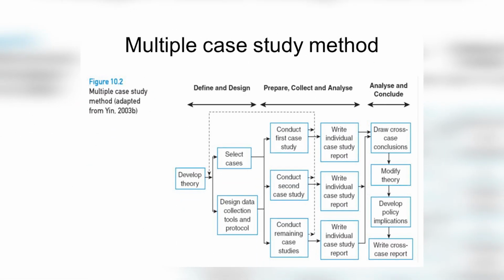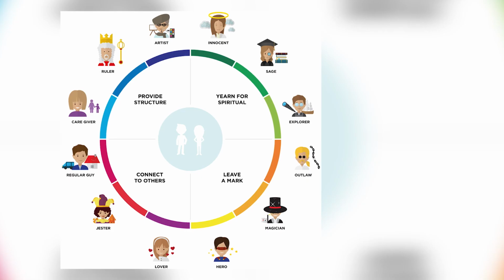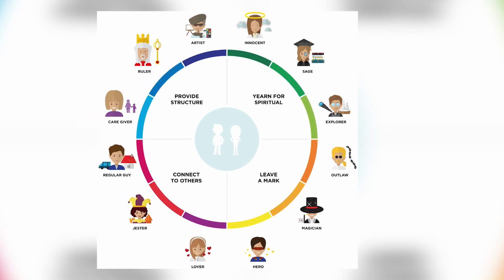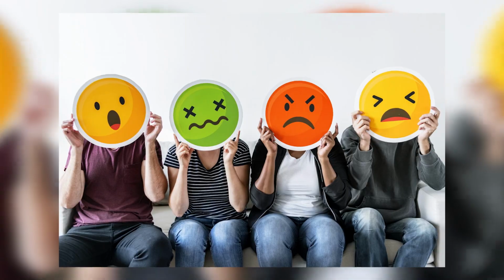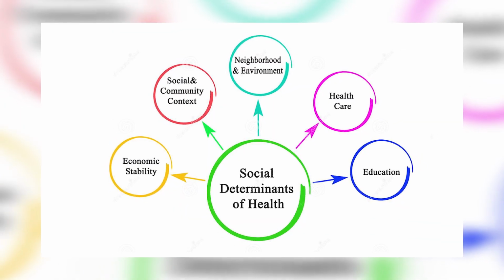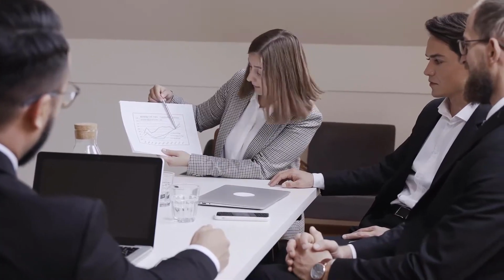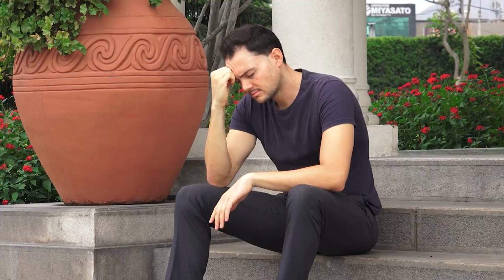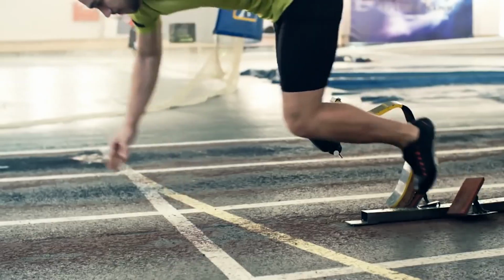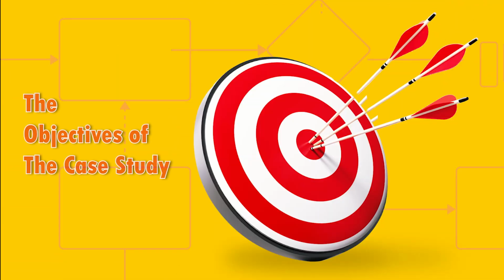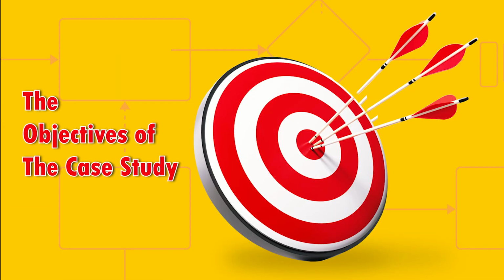Hence, the case study method is that method of behavior investigation in which we try to study the behavior of an individual in all the essential aspects by analyzing the past record, present position, and future possibilities regarding his felt problem. Then, what are the objectives of the case study?